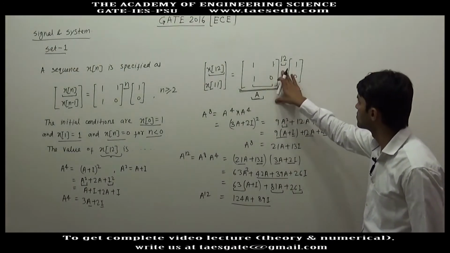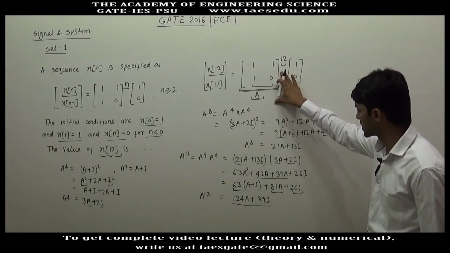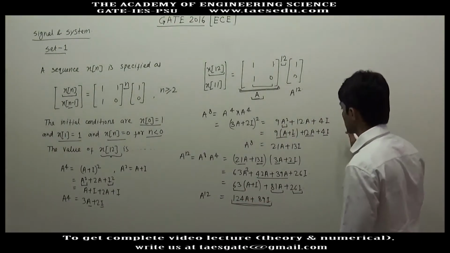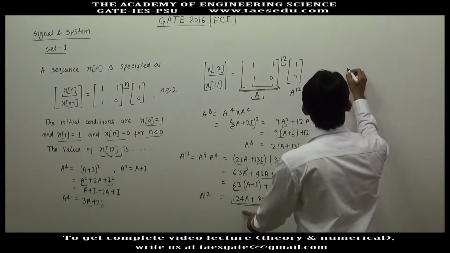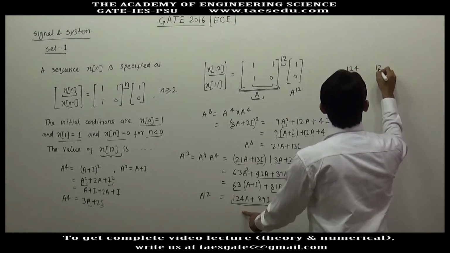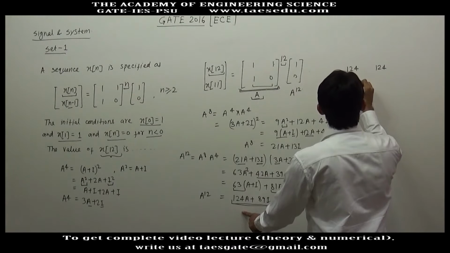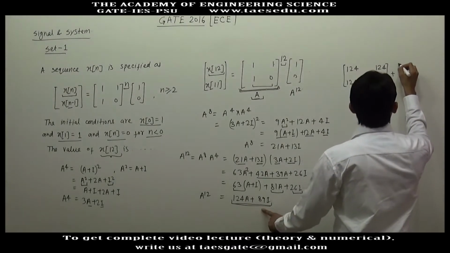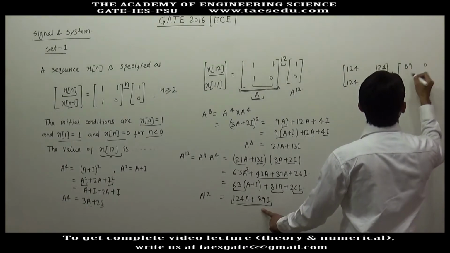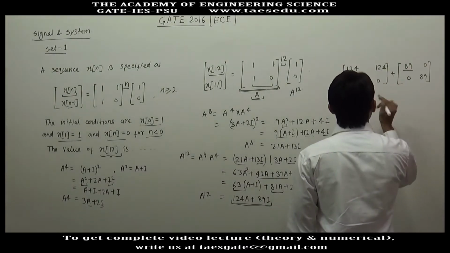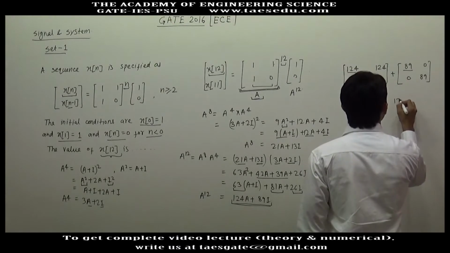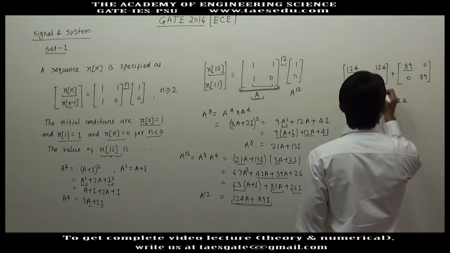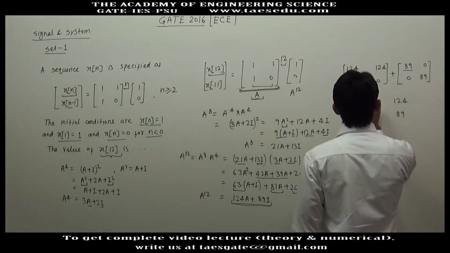In an examination it is not possible. This will not be time efficient, so we find A to the power 12 by this method. Then 124A means 124, 124, 124 and 0, plus 89I means 89 on the diagonal, giving 124, 124, and then 89.